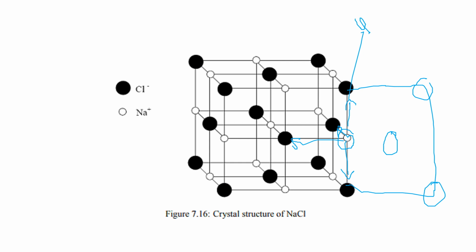Now, the thing to be discussed is that this Cl is not fully arranged in one cell. There would be a distribution of the Cl ions. It will be halved. Just suppose this is a Cl ion.